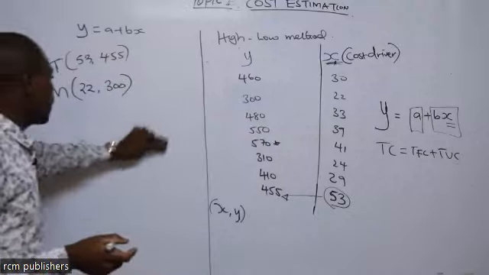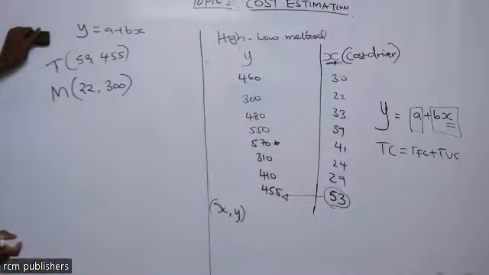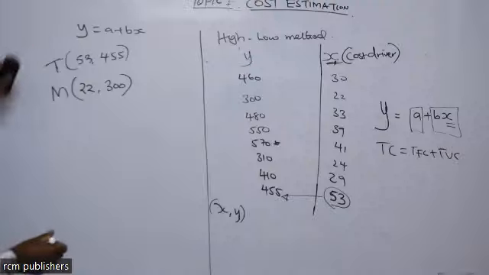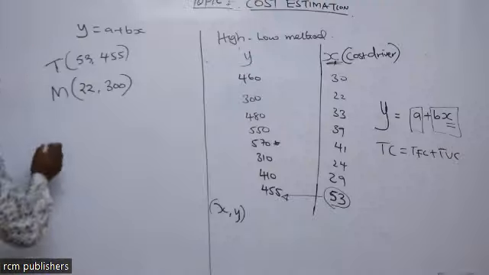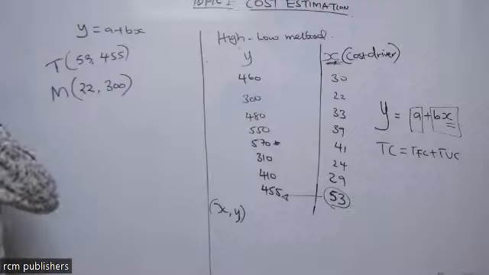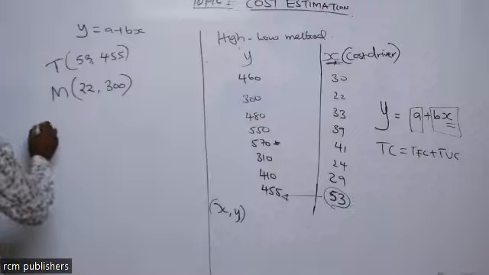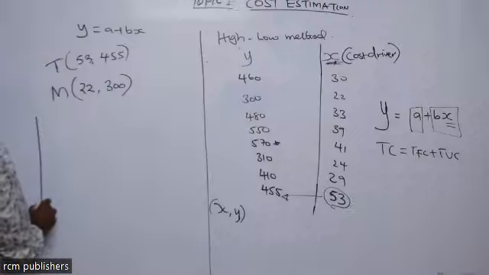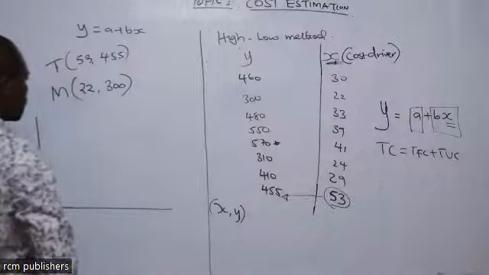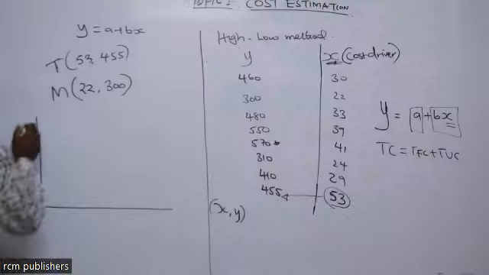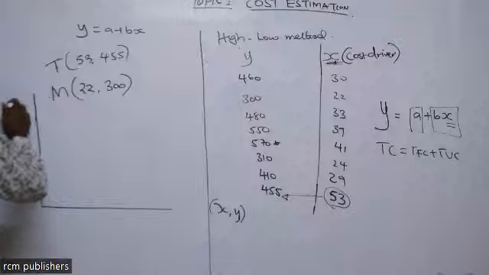Once that is done, we have this. So this is what normally happens. You can be having a graph or a chart here. So here we have the production cost.